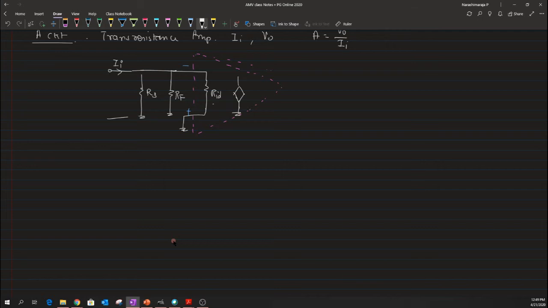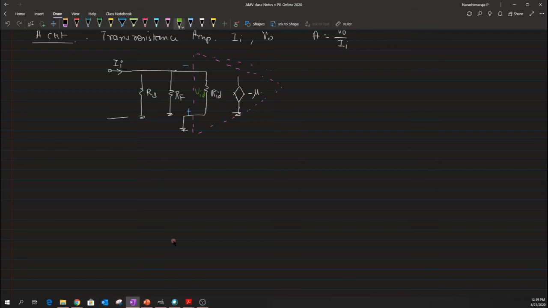Since it is an inverting amplifier, I use a negative sign of mu, and the voltage drop across RID is measured as VID. It is the same voltage drop across RID, RF or RS. It does not matter, because the input is a current, due to which the voltage drop across any of these resistances would be the same.